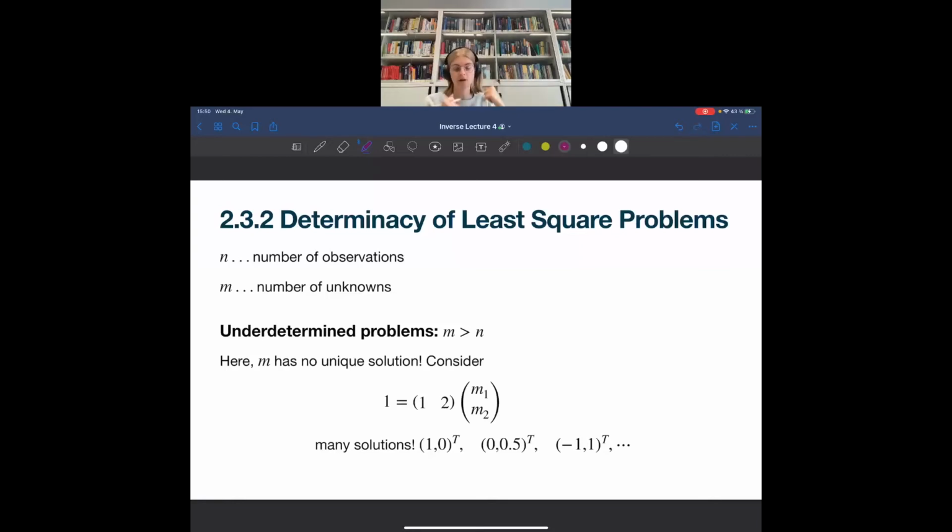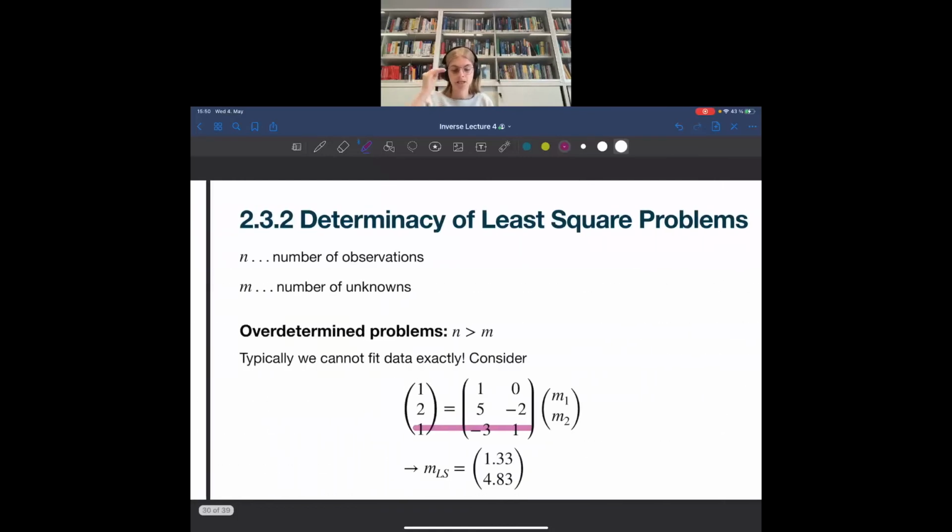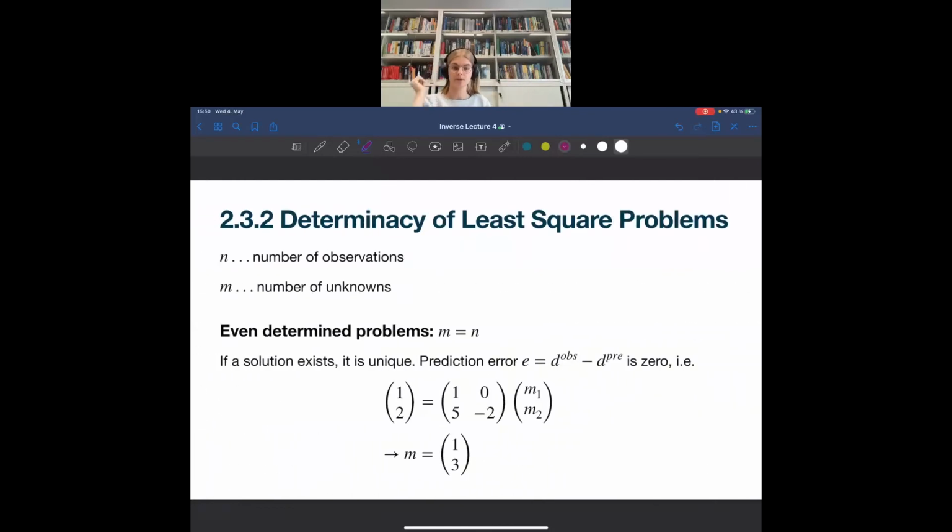So if we go back once again to the even-determined problem, if you remember when we started with the eigenvalue problem, this was exactly the case we had. We had a square matrix, and therefore in this least squares fit of a straight line, the same number of observations as unknowns.